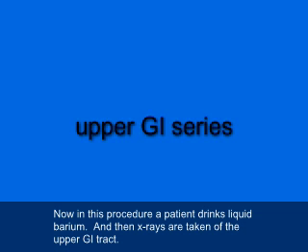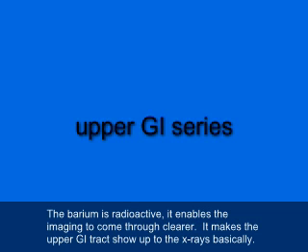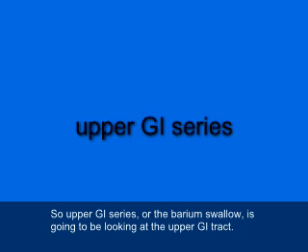Now, in this procedure, a patient drinks liquid barium, and then X-rays are taken of the upper GI tract. The barium is radiopaque. It enables the imaging to come through clearer. It makes the upper GI tract show up to the X-rays, basically. So upper GI series or a barium swallow is going to be looking at the upper GI tract.